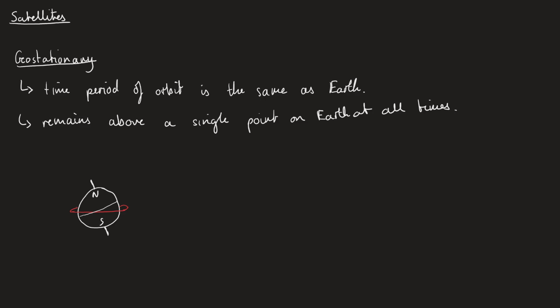Okay, this is not a geostationary orbit. A geostationary orbit lies on the same plane as the equator, so it will orbit around this line and it will stay like this.